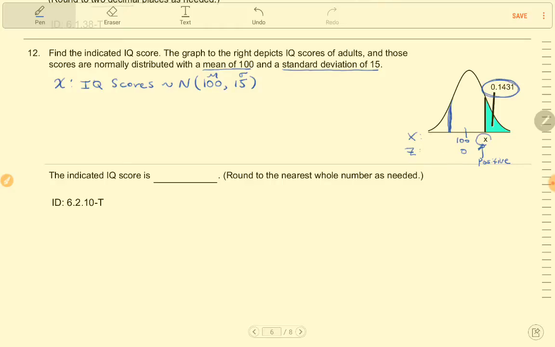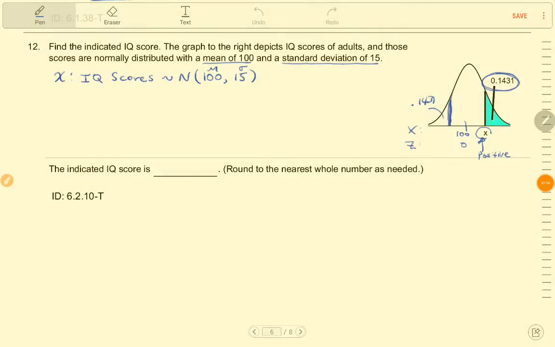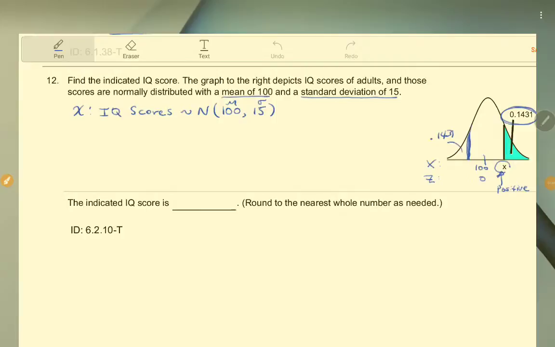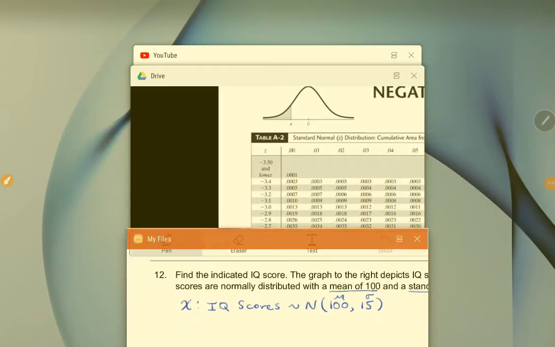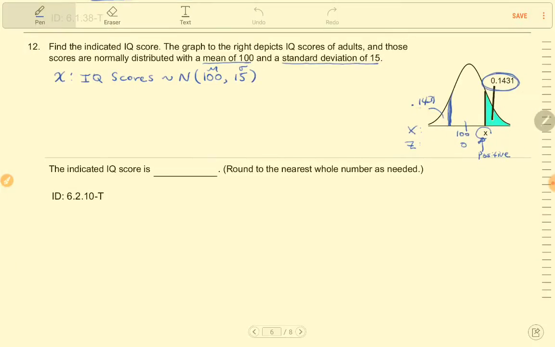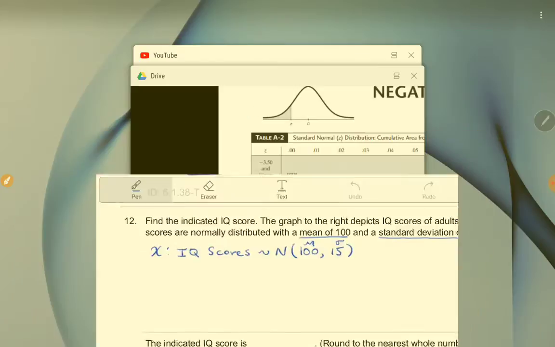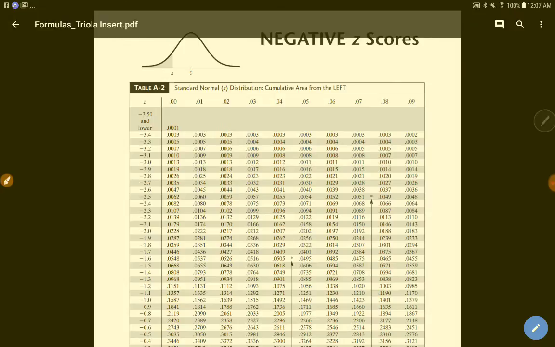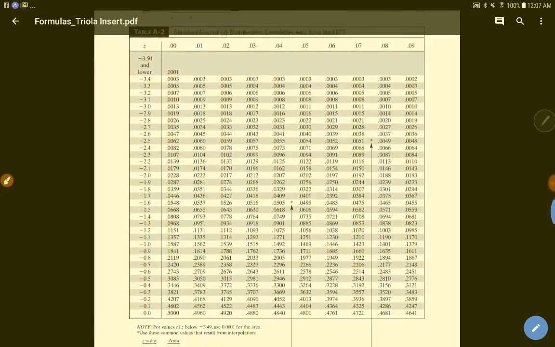All right, so I will look for an area of 0.1431 in the body of my table and work my way out to the z-score. All right, so let's go over to the z-score table. Okay, 0.1431, that's what I'm looking for. I'm going to go over to my z table. 0.1431.